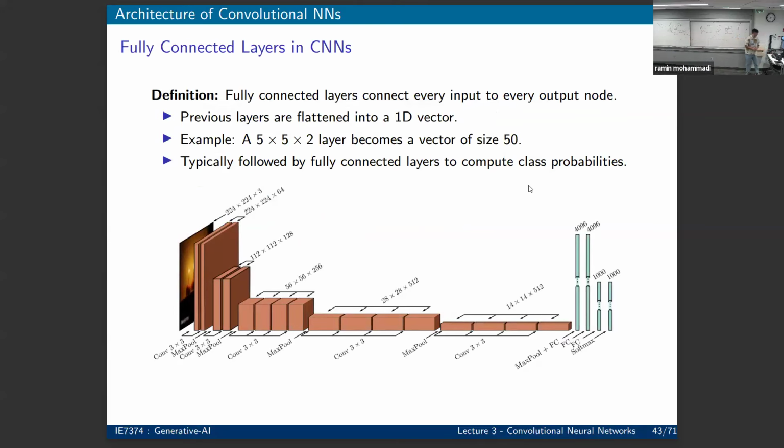And overall, this is a good example for convolution. You start with an image, and you see this image is colorful, like a 3D volume. As you go, you see the depth is increasing and the size is decreasing. You do convolution, max pooling, convolution, max pooling, convolution, max pooling, and fully connected.